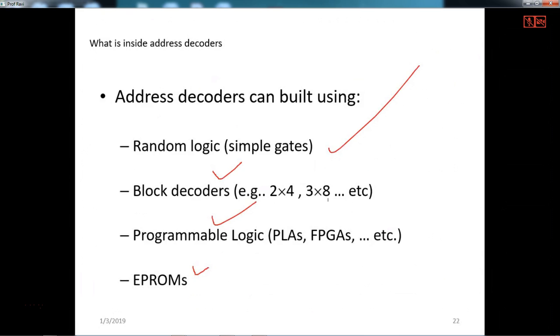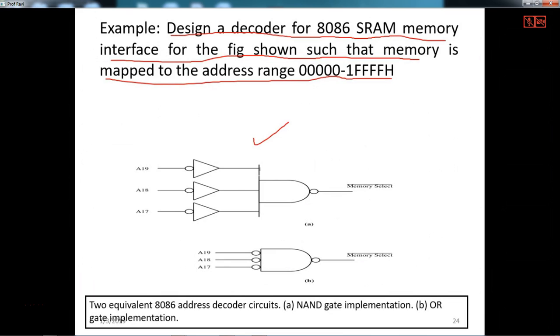So when it is an even address, then this is what can be selected. And when it is odd, right, this is a simple OR gate. You can say that when it is 00000 and 1FFFF, those can be identified. So now if you consider this address, 00000 corresponds to this, and 1FFFF.